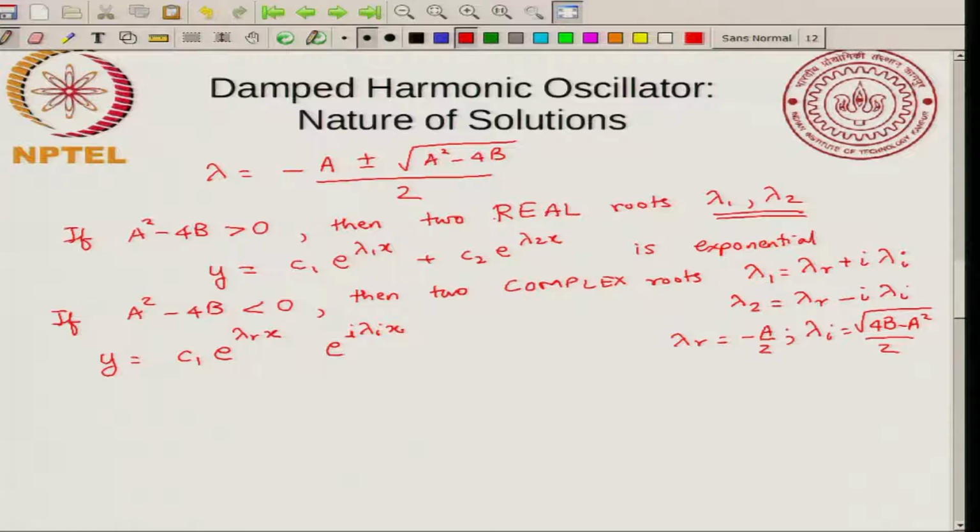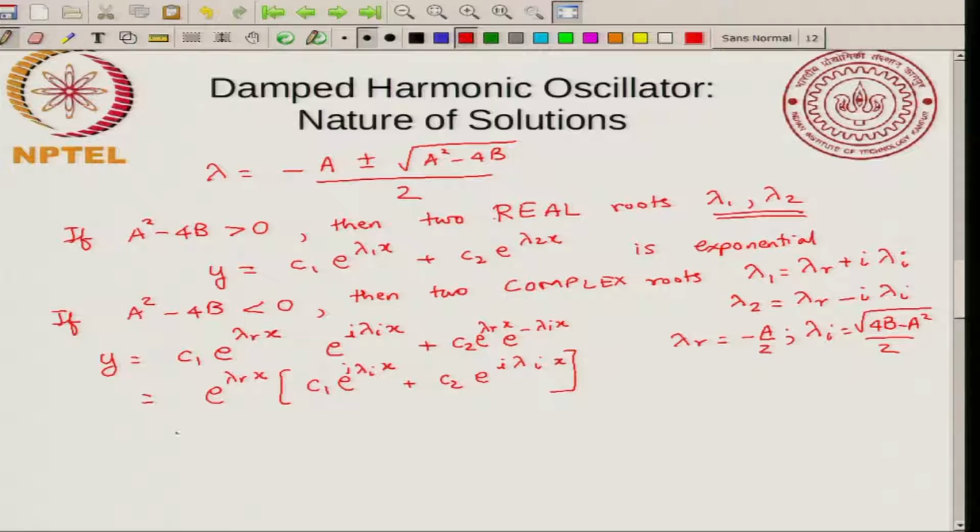For my second function, again I will have C2 e to the lambda r x and e to the minus lambda I x. So I can write this as e to the lambda r x times C1 e to the I lambda I x plus C2 e to the minus I lambda I x. Again, I want to emphasize that both lambda r and lambda I are real quantities.